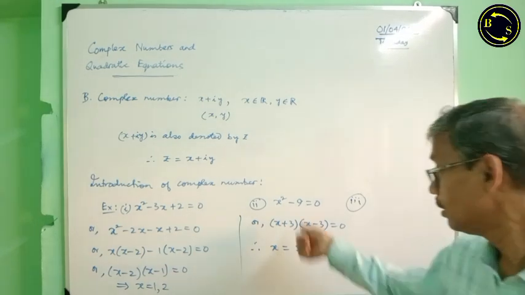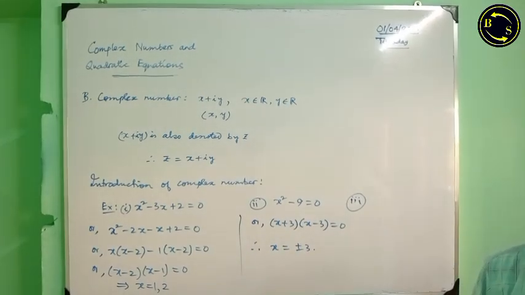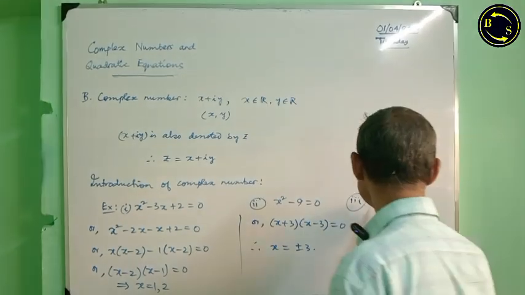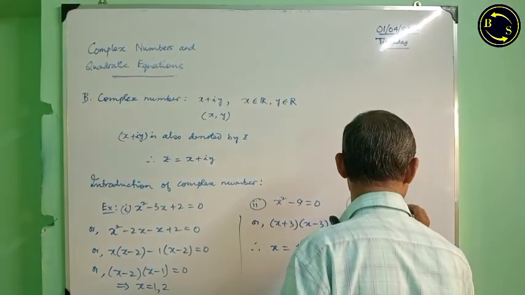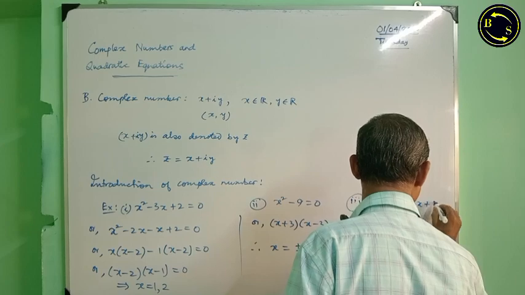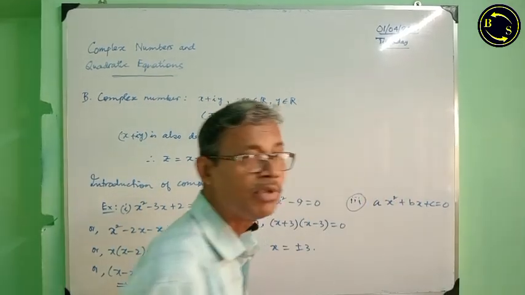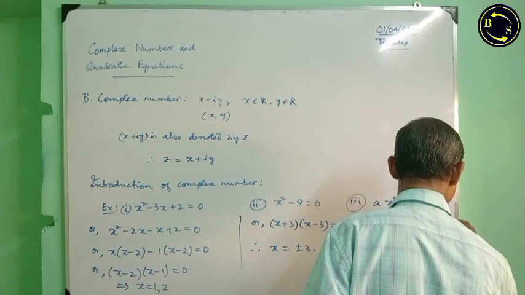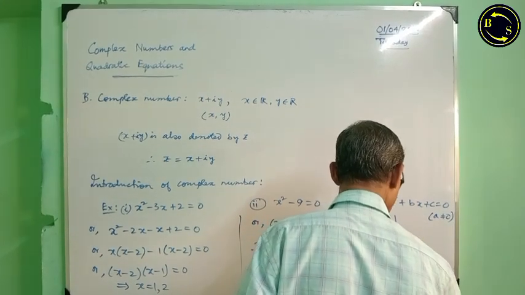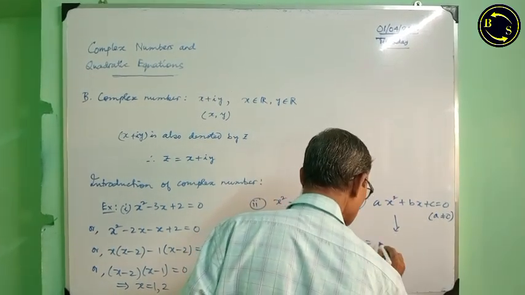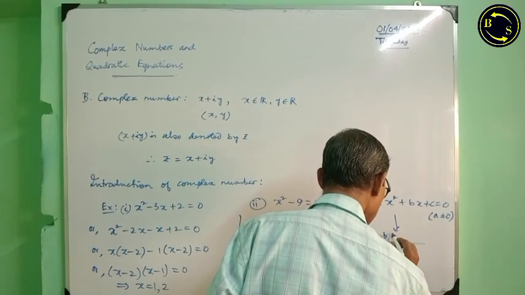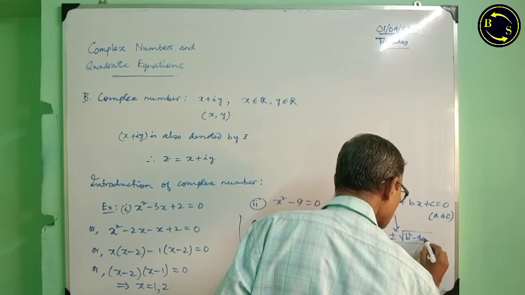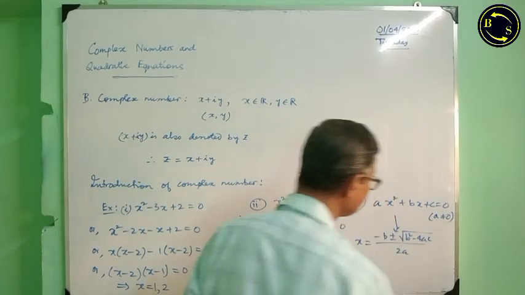If the equation can be written in the form ax square plus bx plus c equal to 0, where a is non-zero, then by using the Sridharacharya formula we get x equal to minus b plus minus root over b square minus 4ac, by 2a.